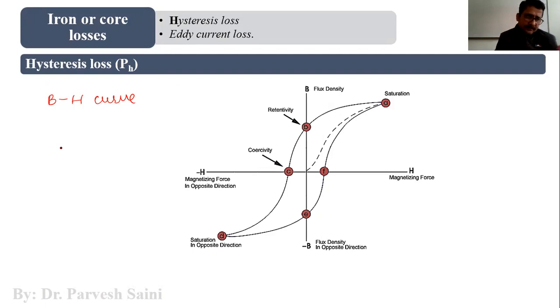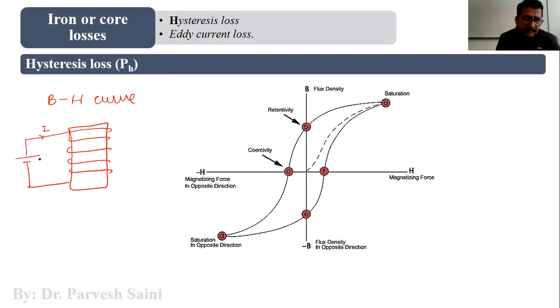let us assume there is a ferromagnetic material, an iron piece for example. This iron piece is wound with a certain number of turns of wire, and let us say a source is connected at this end, and some current I is flowing here, and this is, let us say, the EMF, and this is the direction of current.